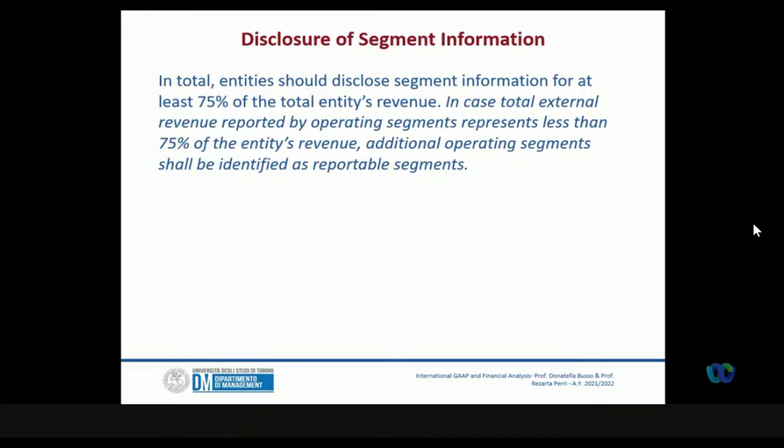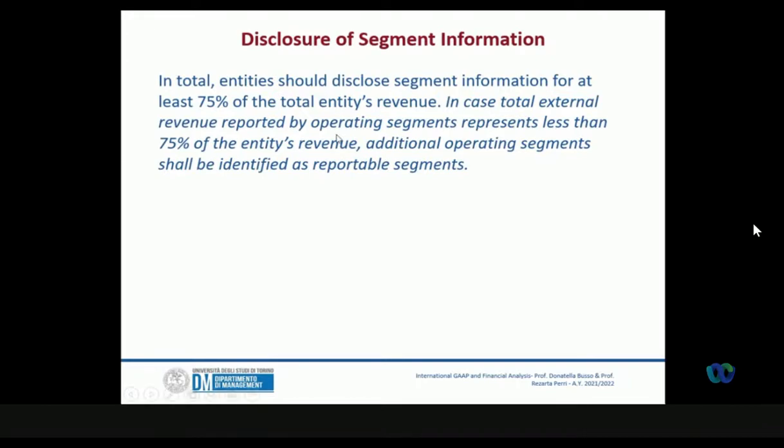That means that even if you identify several segments that fulfill the thresholds, and in total these reportable segments do not represent 75% of the total entity's revenue, I should continue with identifying more detailed information about further operating segments.